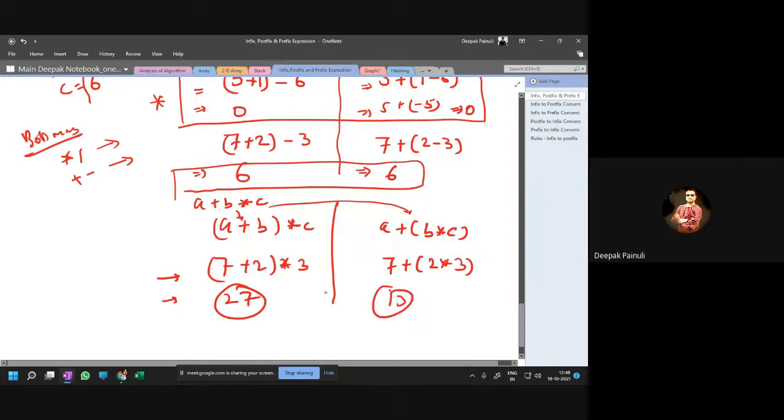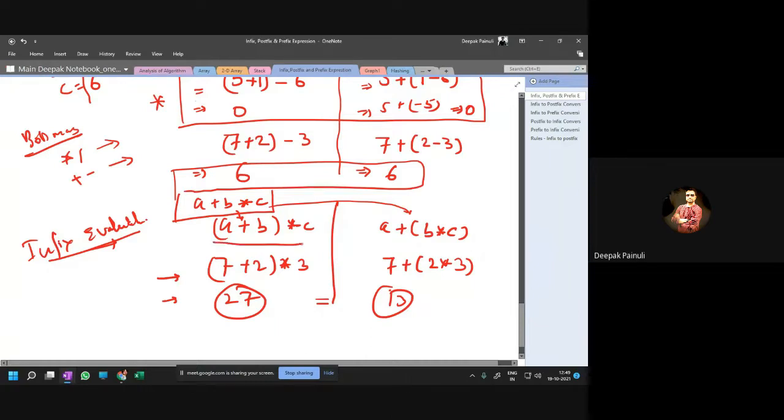So for case 2 you are getting 13, and those two answers are different for the same expression, right? So we may say that in case of infix evaluation, there may be the possibility of ambiguity, or differences between answers, right?